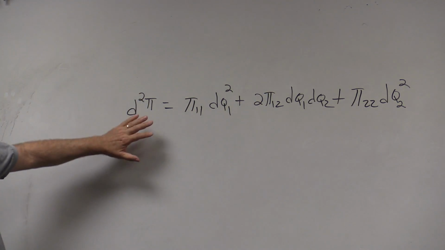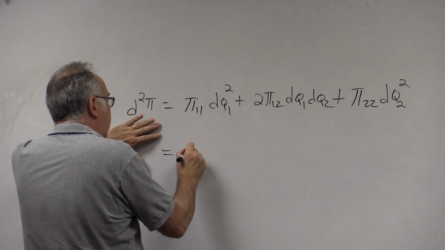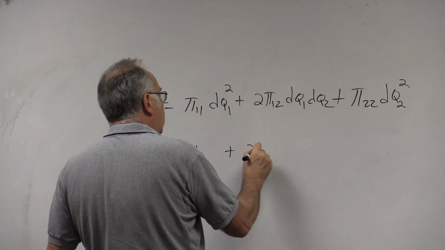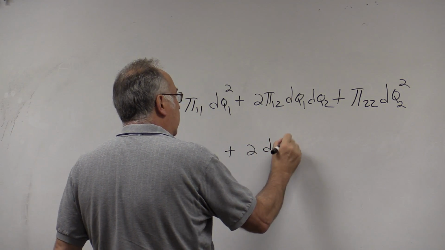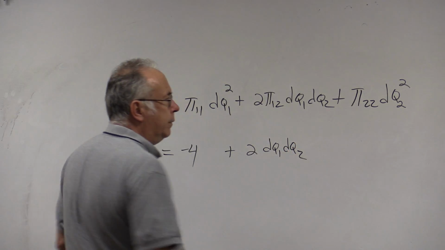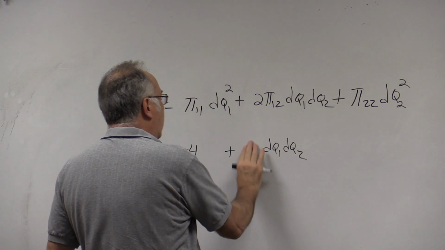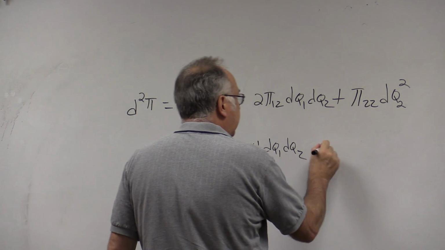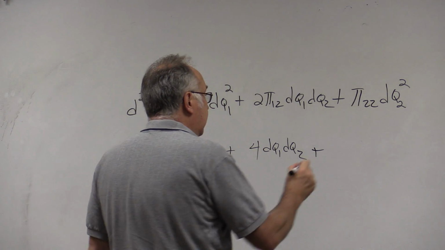Now, in this case, our second order total differential, if we just substitute in, pi 1, 1 is -4, wasn't it? And this is 2 times 1, or just dq1 dq2. It's pi 1, 2. Pi 1, 2 is 2. Okay, so this should be 4. Excuse me. Plus pi 2, 2, which was equal to -8.